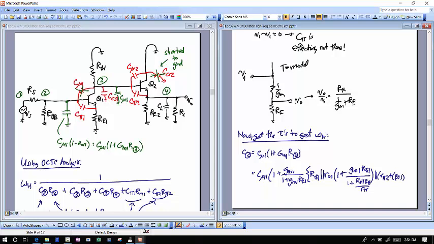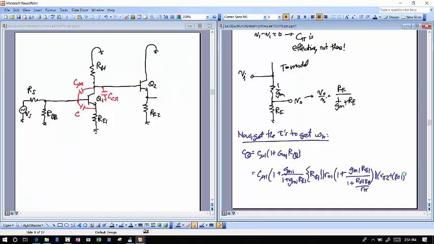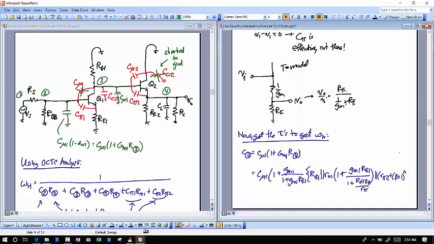Someone has memorized their equations. Yep. Times the RE of 2. But the RE of 2 I can combine actually with, I have to get that total RE out there, looking out of that. So that's going to be RE of 2 parallel with RL. Okay. I can even also parallel it with R naught of 2.